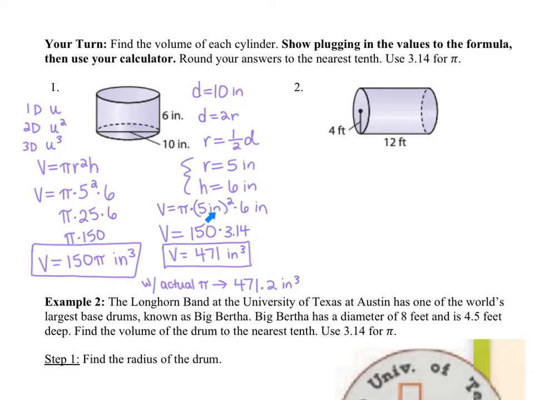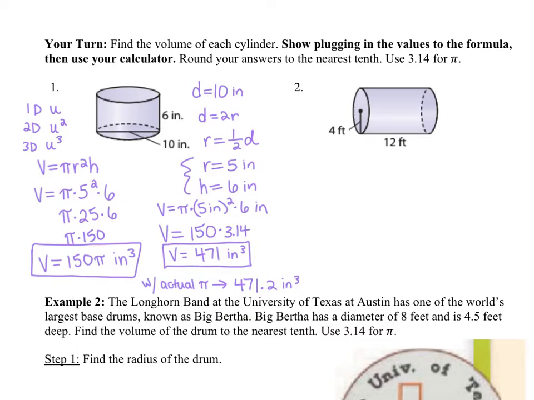Inches times inches. 5 inches times 5 inches is not 25, it's 25 inches squared. So this is inches squared. Times it by another inch, that's inches cubed. So if you leave your labels in there, you'll never mess up what the label is supposed to be. Okay, so that's your final answer right there, 471 inches cubed.